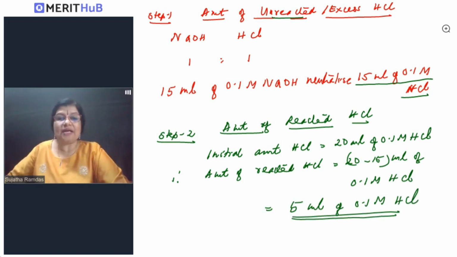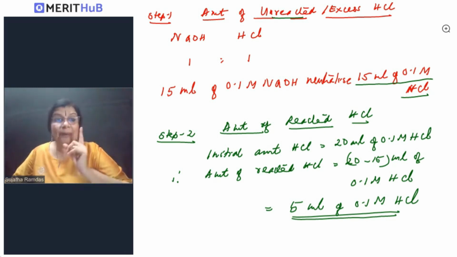So we now have the amount of reacted hydrochloric acid. Now let's connect it to the ammonia gas which is evolved. The ammonia gas produced by the nitrogen containing organic compound reacts with 5 milliliters of 0.1 molar hydrochloric acid.